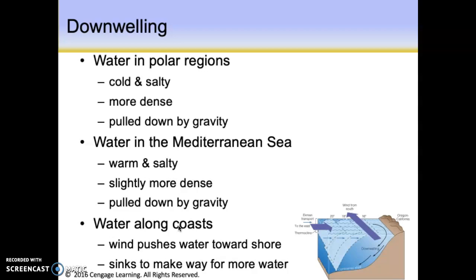So it's a little more complicated because of the direction of the wind and Ekman transport, which is described in your book. You don't need to worry about that. What I want you to remember is that when wind pushes water toward the shore, some of that water sinks down to make way for more water. And so that can be a cause of downwelling. But you'll notice in this instance, it's not density driven. And so that water is going to be a little bit easier to bring back to the surface when the conditions are right.